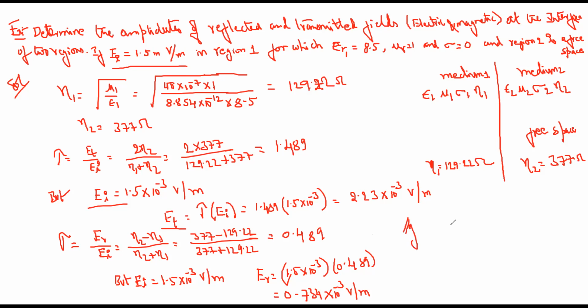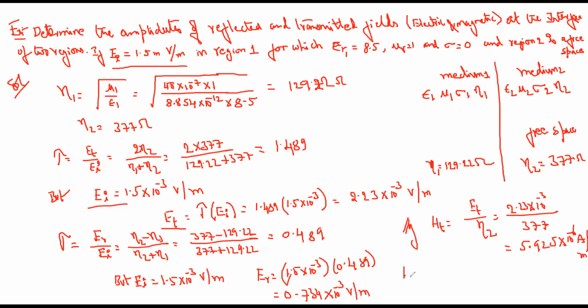HT is equal to ET by eta 2. We got ET as 2.23 into 10 to the power of minus 3, divided by eta 2, which is 377. That is equal to 5.925 into 10 to the power of minus 6 ampere per meter.